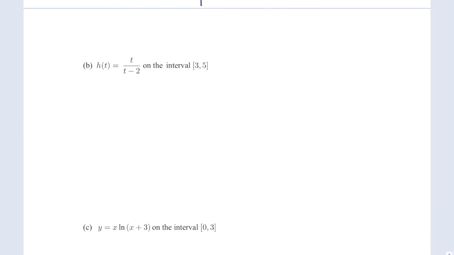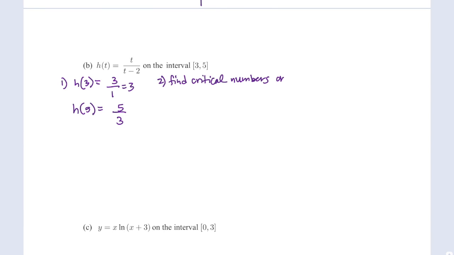Next one, h of t equals t over t minus 2, and we're considering the interval from 3 to 5. So first we'll do what are the function values at 3 and 5. H of 3 is 3 over 1, so 3, and h of 5 is 5 over 3, so 5/3. So we have those for comparison. And then step 2 is find the critical numbers on the interval.